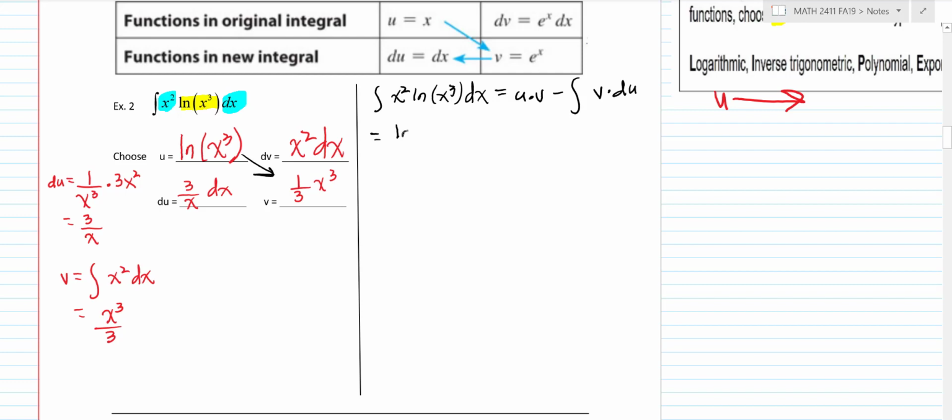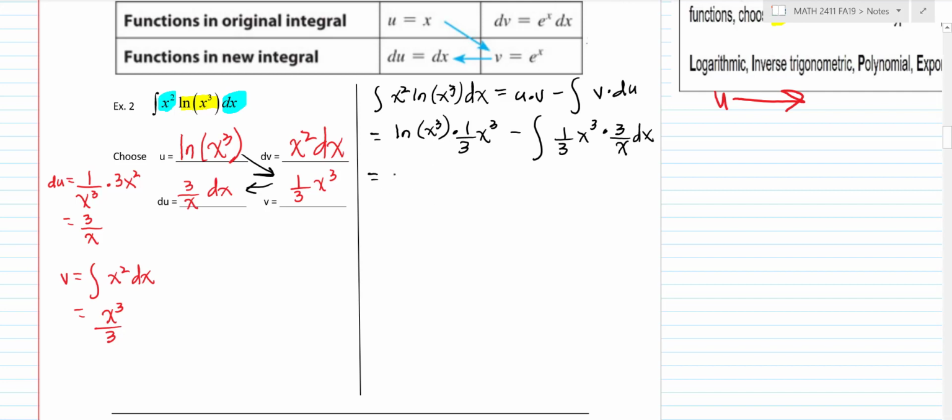So I'm going to have natural logarithm x to the third times 1/3 x to the third minus the integral of v du. So we'd have 1/3 x to the third times 3 over x dx. Okay, like that. All right, and then we'll put this together then.